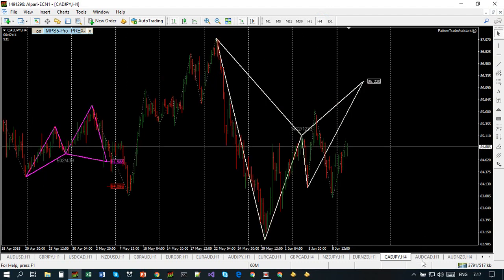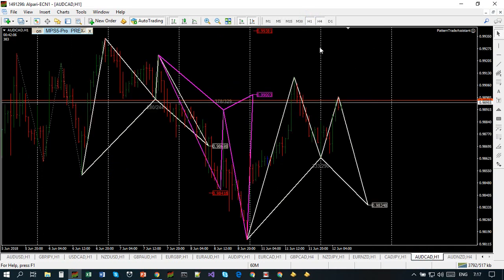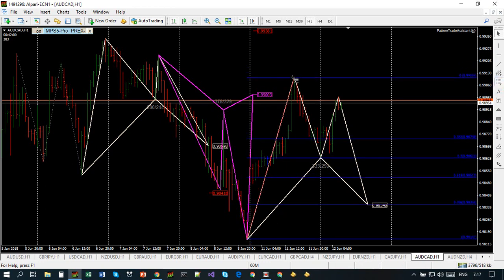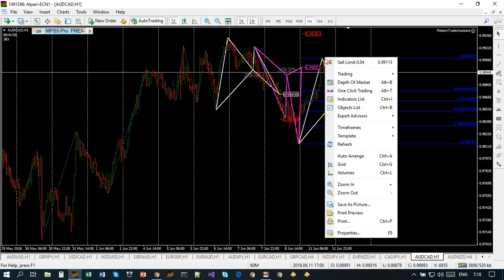Okay, what is this? Invalidated Canadian yen. Aussie Canadian. We had this cipher pattern. It worked wonderful. Aussie Canadian. You see 3-2 was hit. What we have next? We have this 98.34 potential unified Gartley.